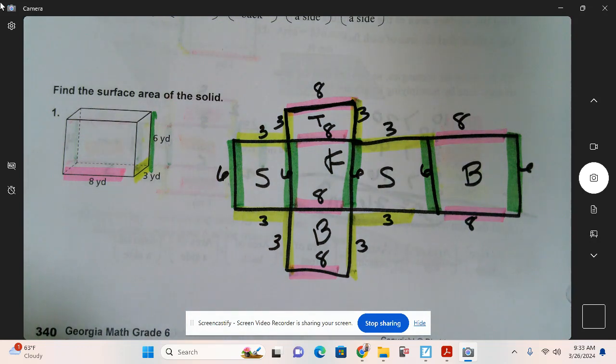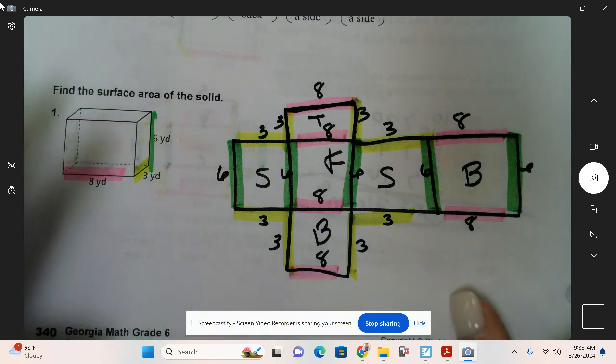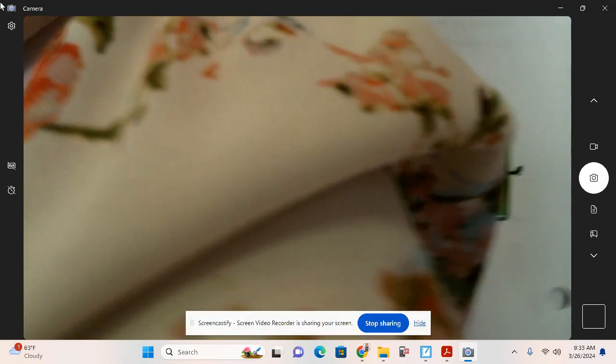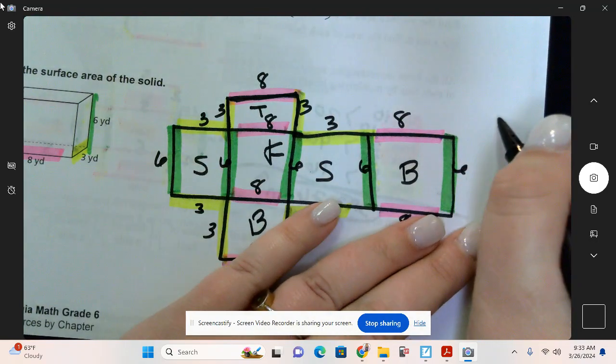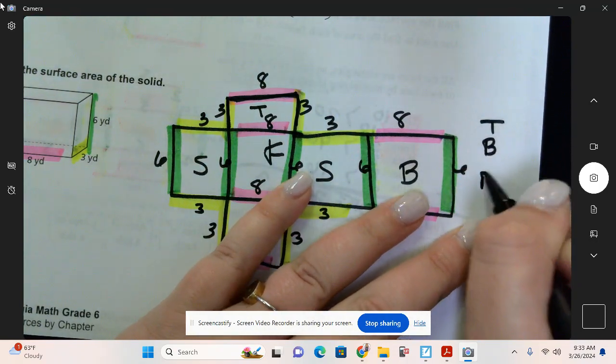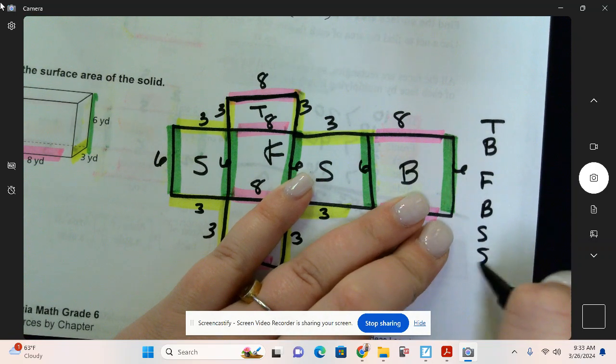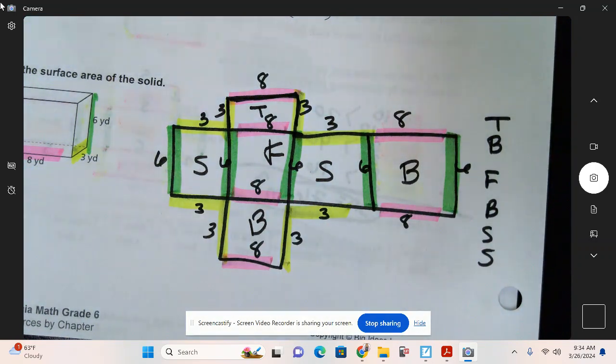That's a lot. Okay. It looks like a lot, right? It was so much colorful. I'm going to come over here and write my list of top, bottom, front, back, side, side, so I can keep up with all my stuff.